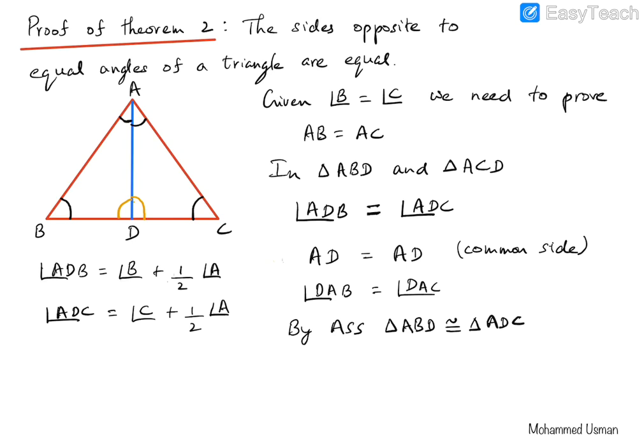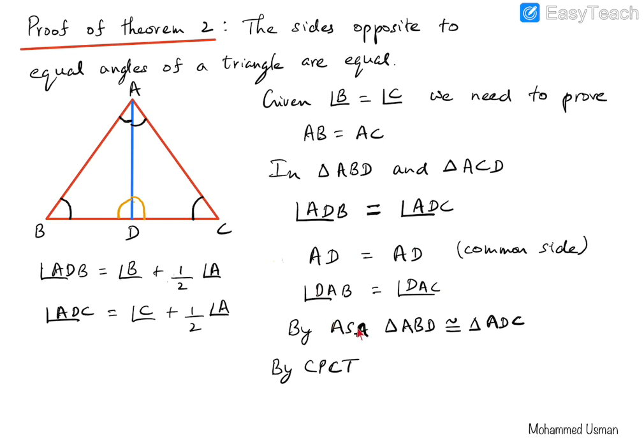So once we prove that they are congruent, we can say now by CPCT, corresponding parts of congruent triangles, and by the way, let me make a correction: this is ASA because it is angle, side, angle, right?